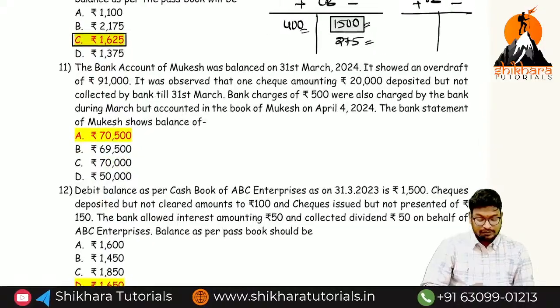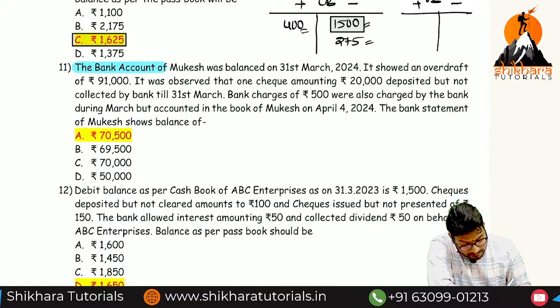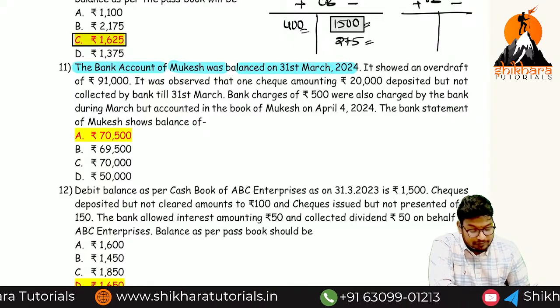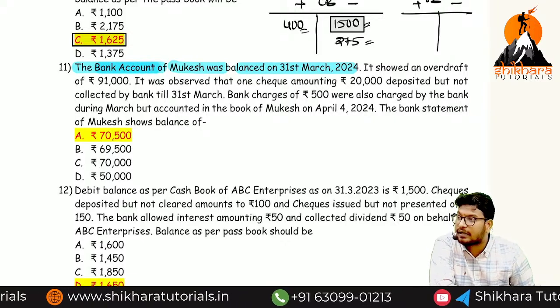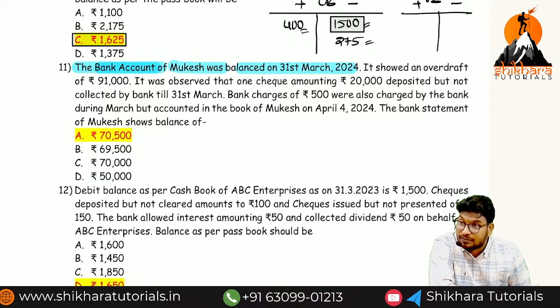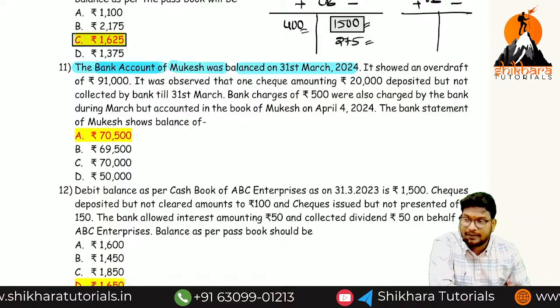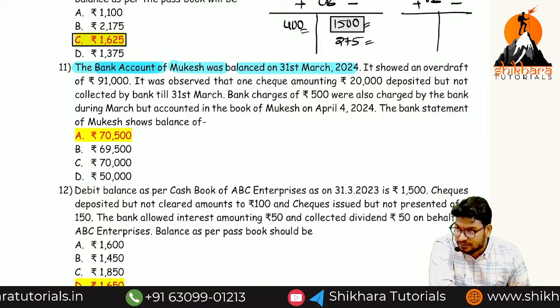Okay, next one. The bank account of Mukesh was balanced on 31st March 2024. Sir, does bank account mean cash book or passbook? Cash book. Bank account means cash book; only bank statement means passbook. I already told you this at the start of the MCQs.